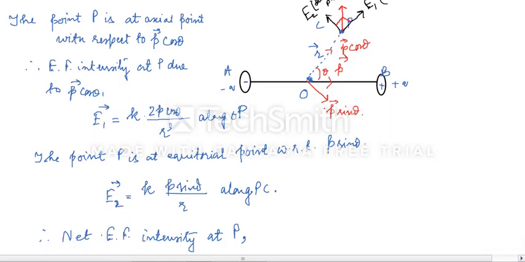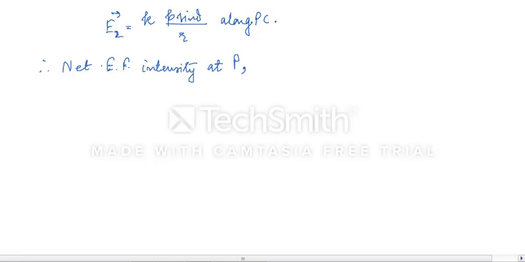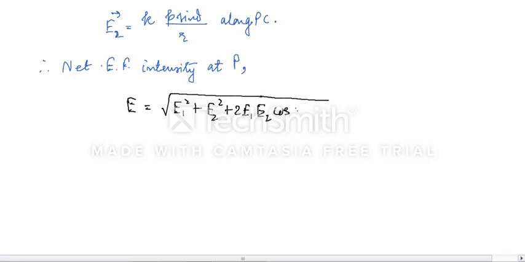So we can write E is equal to root under E1 square plus E2 square plus 2 E1 E2 cos 90 degrees, and the value of cos 90 degrees is 0, that we all know.